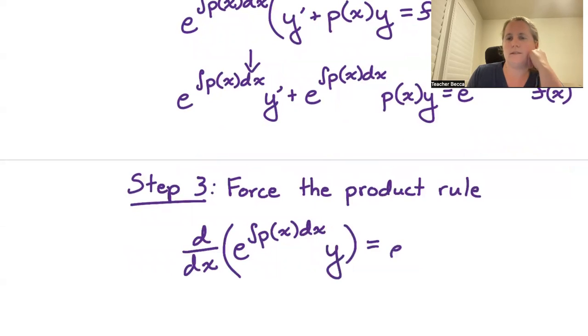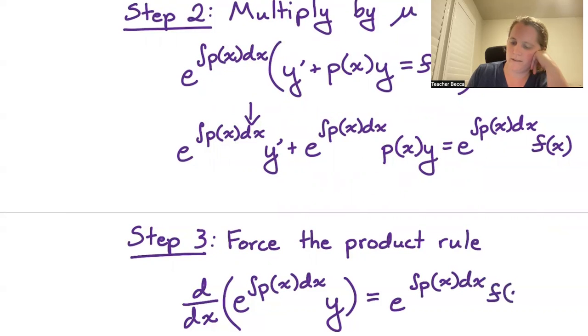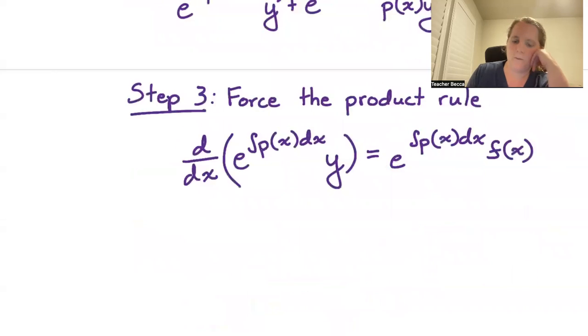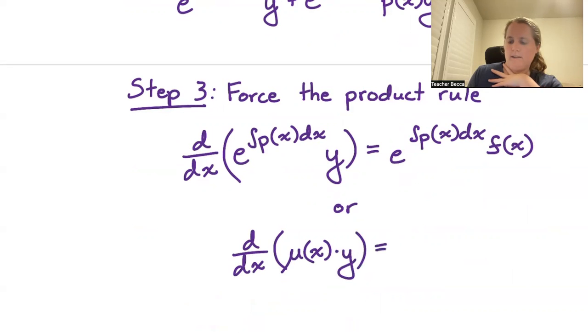And on the right-hand side, we have e to the integral of p of x dx times f of x. Or the left-hand side is just the derivative of mu of x times y, and the right-hand side is just mu of x times f of x.